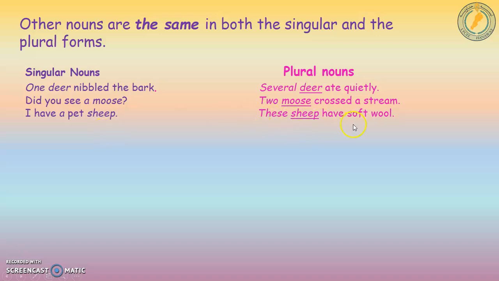These sheep have soft wool. Sheep, sheep. Moose, moose. Deer, deer. As well as for fish, fish. Trout, trout. Salmon, salmon. Let's have some examples here.